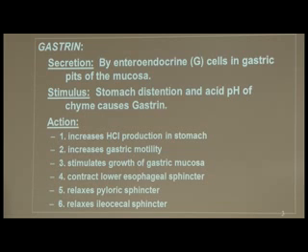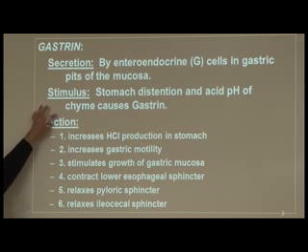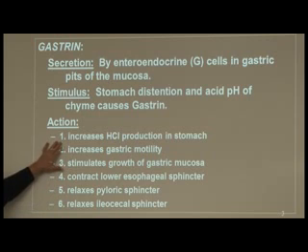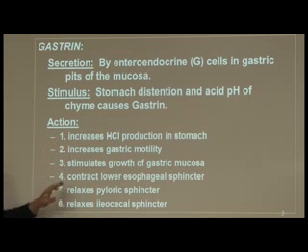Also, as food enters the stomach, the gastric pH is going to elevate, and that causes the release of gastrin. One of the primary roles of gastrin is to target the parietal cells that produce hydrochloric acid and increase their production of hydrochloric acid.